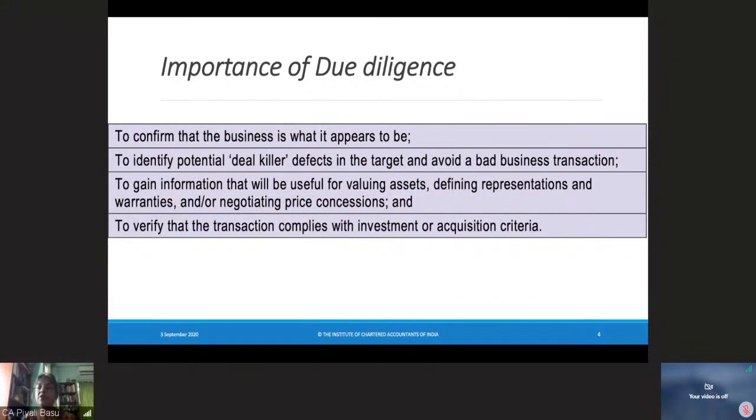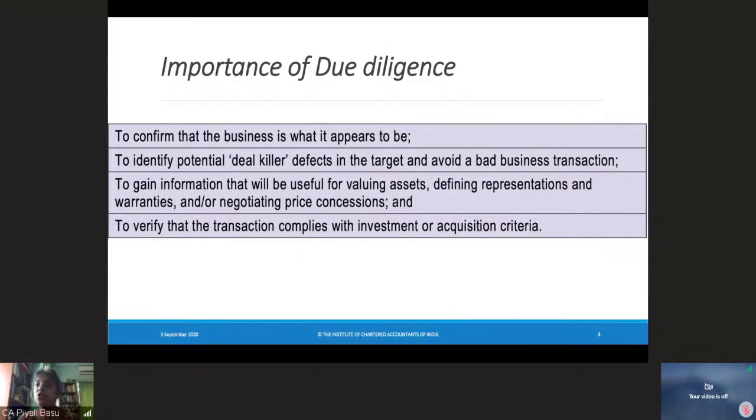These are the investment criteria they can have internally, that we will acquire only if we see that from day one there will be a break even, and from year two onwards, probably we start having a return on investment, whatever percentage they want to have. So is it possible? Those kinds of criteria are set before an acquisition, and then with this they go out to do the due diligence.